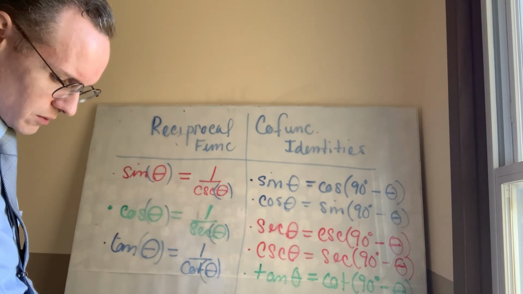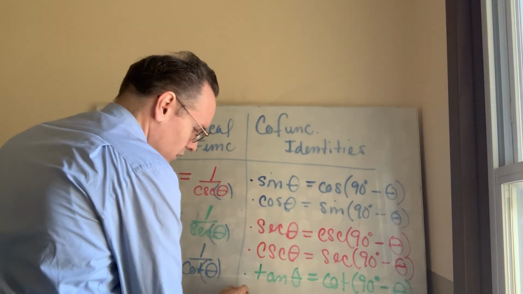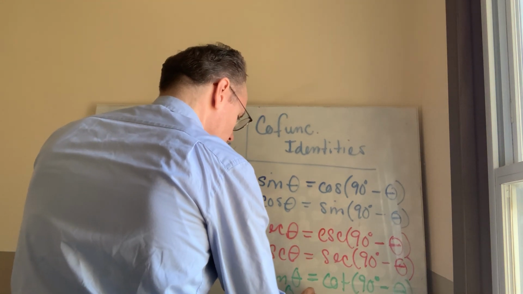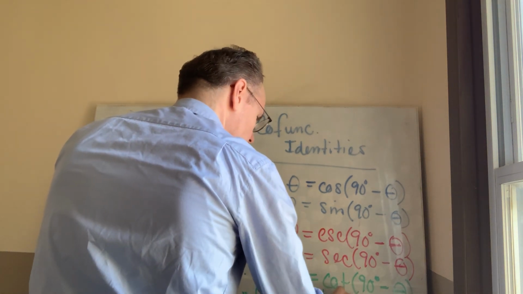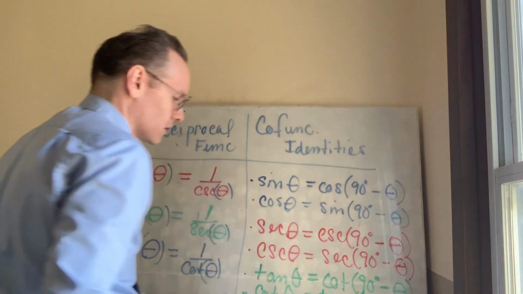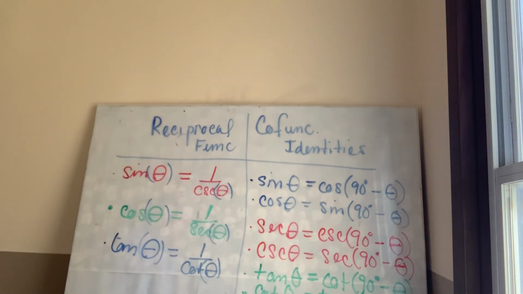Let's make sure that's correct. Good. All right, last one. Cotangent is this backwards, somewhat. It's out of phase by 90 degrees. Good.